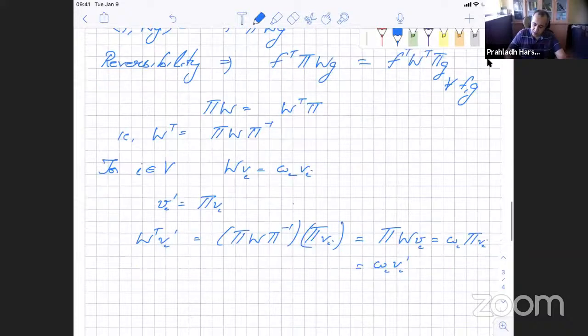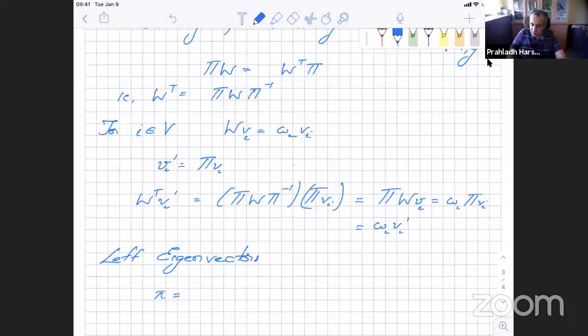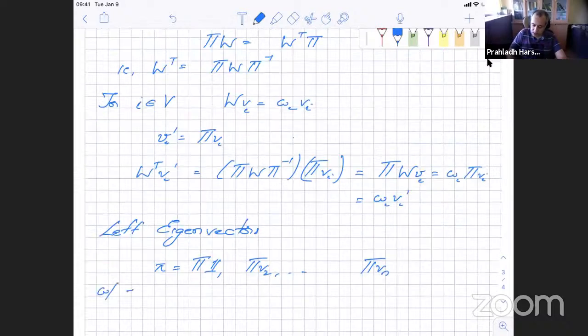Therefore, the left eigenvectors are in fact pi, which is just pi of all ones, then pi v_2, ..., pi v_n, with eigenvalues 1 equals omega_1 greater than omega_2, and omega_n, which is greater than minus 1. So is that okay? Any questions?